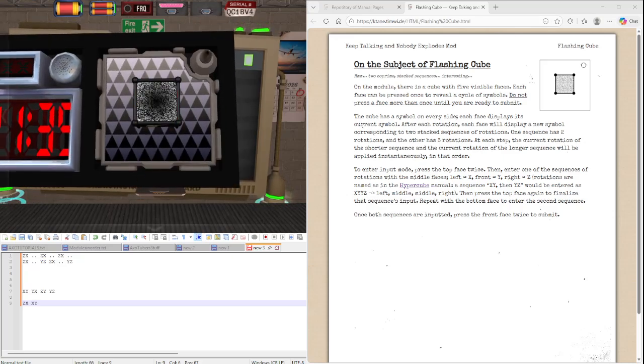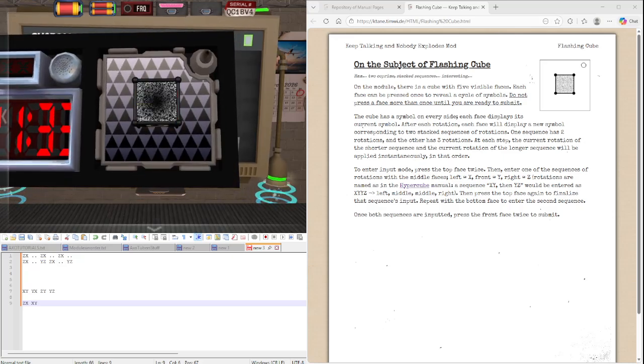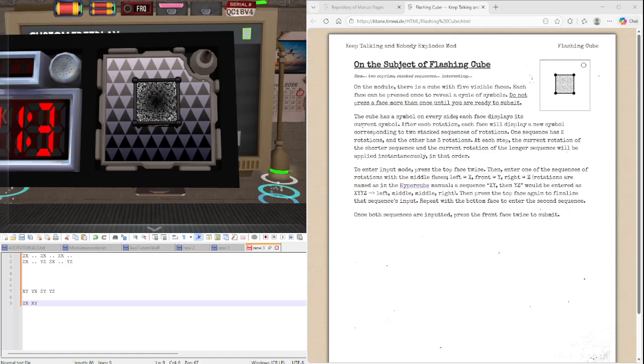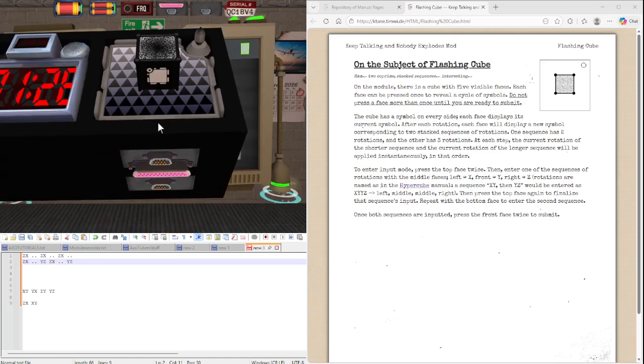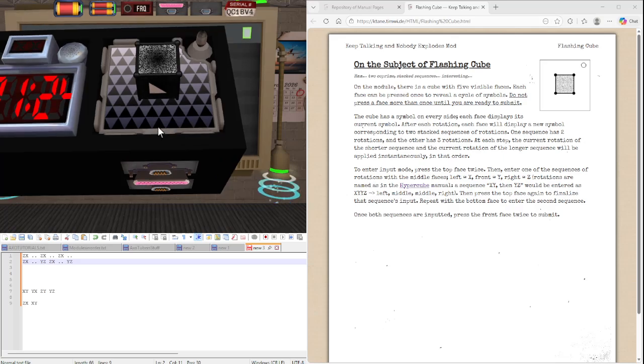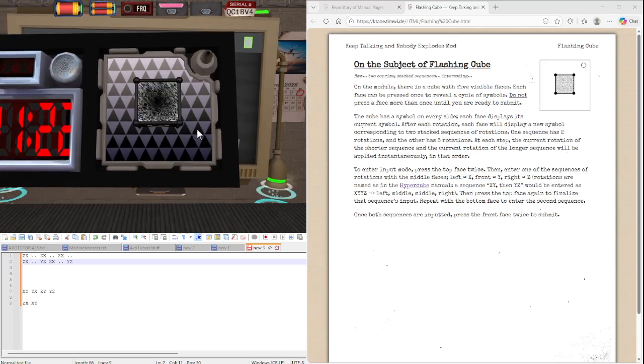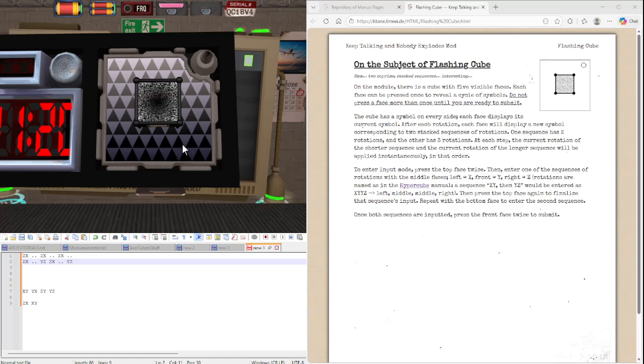Yeah, one clockwise to there. Then we get there by going one clockwise. ZX.